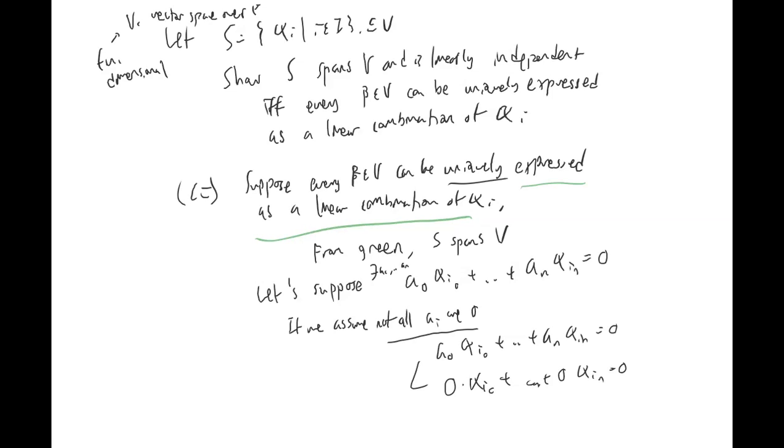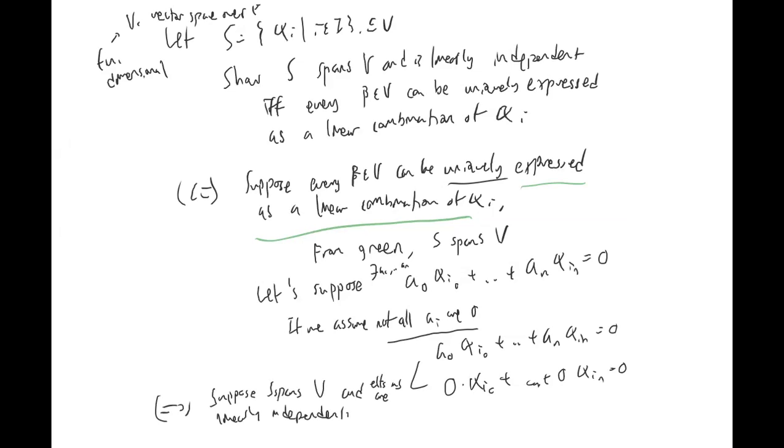If S spans, then I could write everything as a linear combination of the alpha_i. And if I am linearly independent... suppose S spans V and the elements in S are linearly independent.